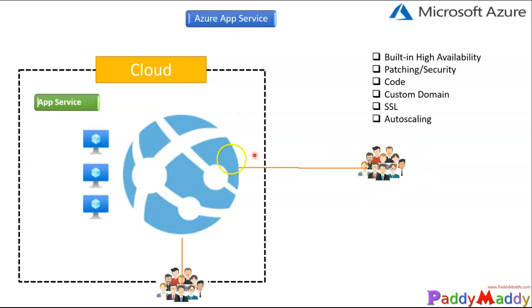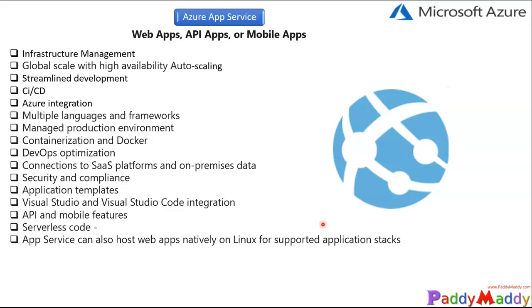For high availability, like we talked about auto scaling in the virtual machines lectures, you can similarly scale so that the web application is available to end users with great performance. So let's look at how this works and what other advantages we have when we go with the Azure App Service model.